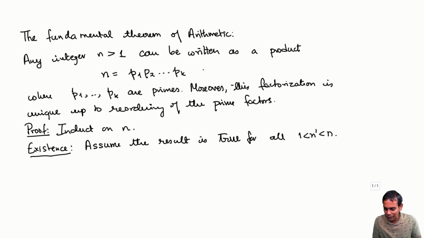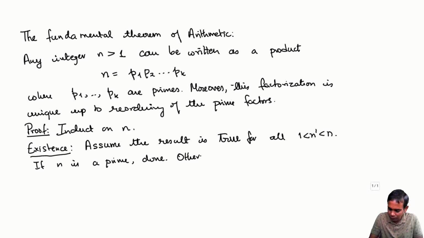So if n is a prime, then we are done. Just n is equal to p, and so it's like taking k equals 1 in the factorization. Otherwise, n has a prime factor. Call it p1.